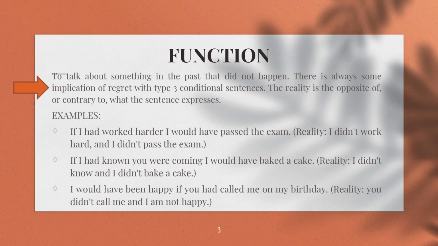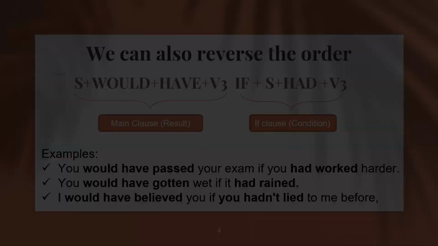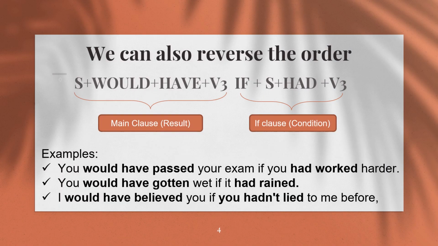Well, hopefully it can make you clearer about the function of third conditional sentence. Like in the second conditional sentence, we can also reverse the order. So we put the main clause at the beginning of the sentence and then it is followed by the if clause.